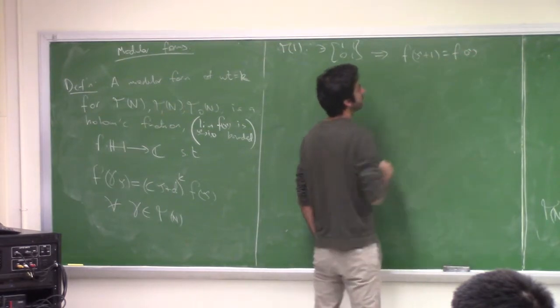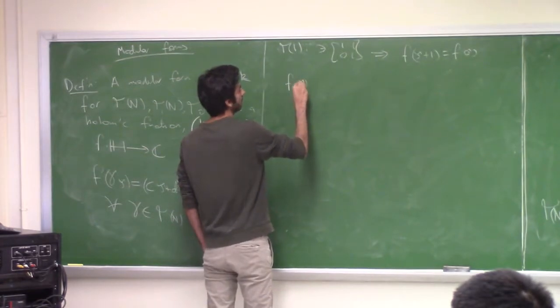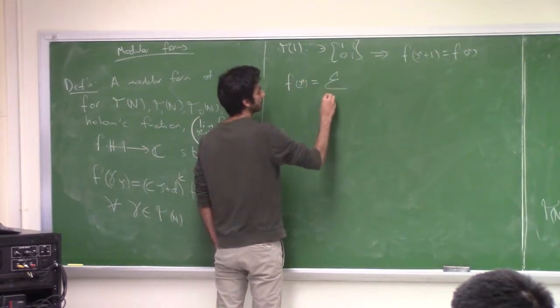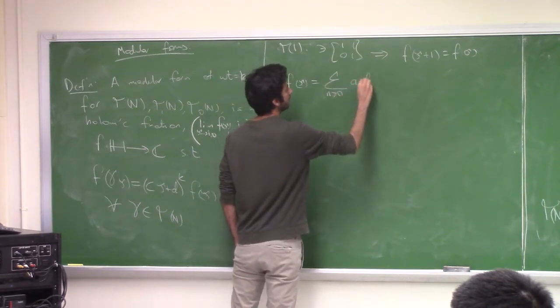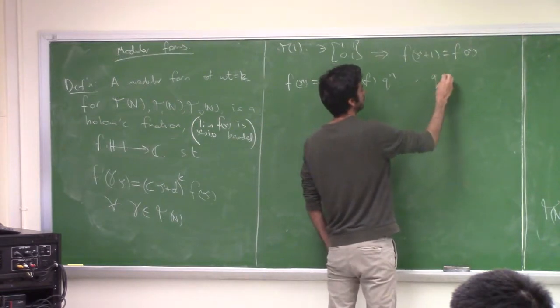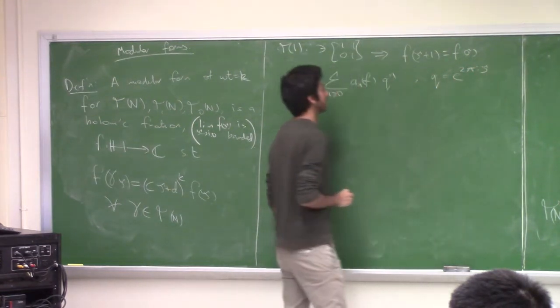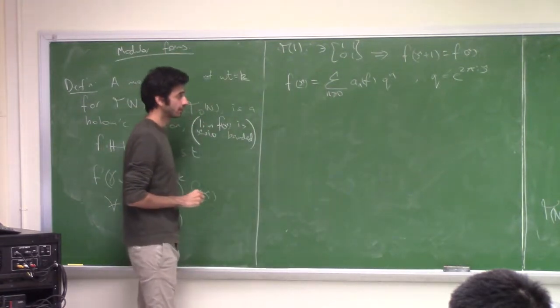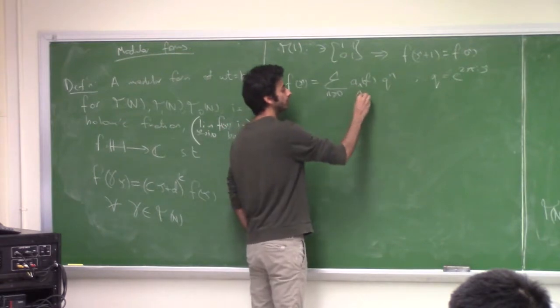So it's a function of period 1. And using this, you can take a Fourier expansion and write your function as the sum over n bigger than or equal to 0 of a n q to the n, where, and this is the main thing, you change your variables to q equals e to the 2 pi i tau. And these numbers, this is where these numbers show up everywhere.